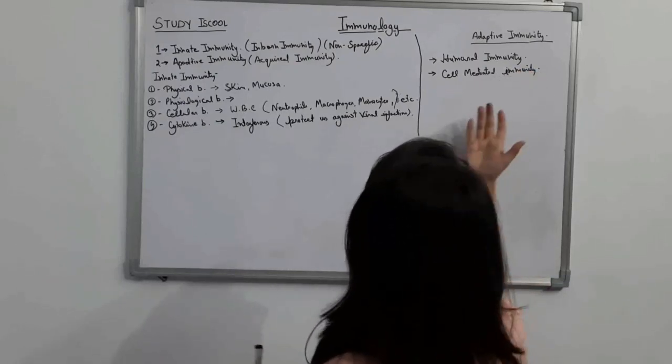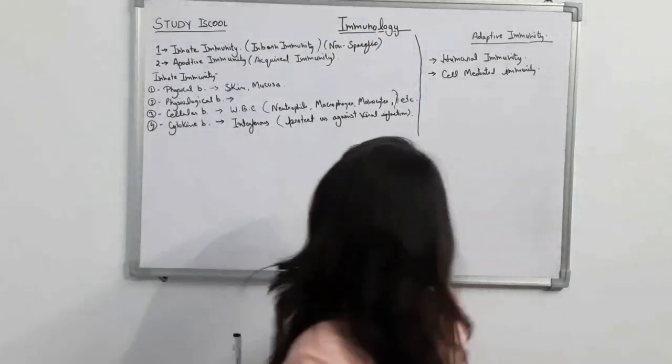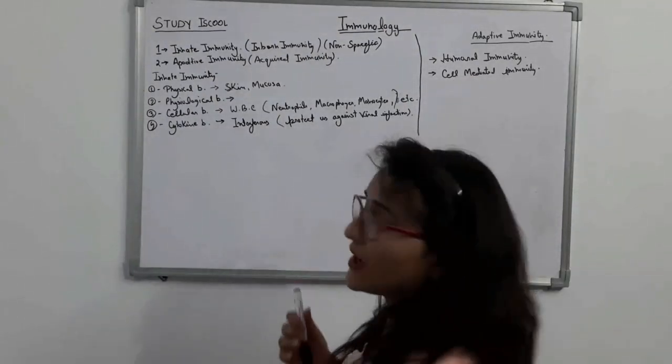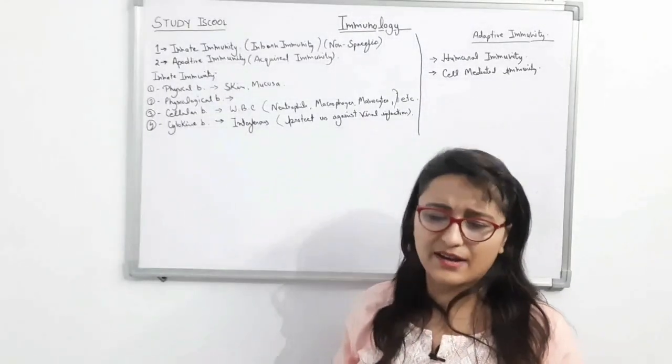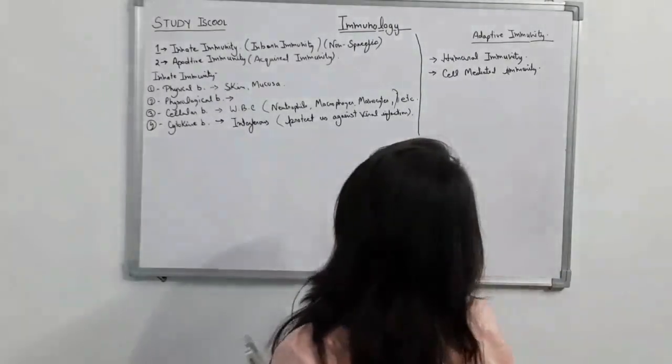So, what is immunity? Immunity is anything which protects us against any viral, bacterial or fungal particles, against pathogens.